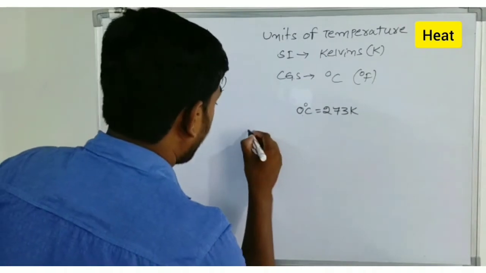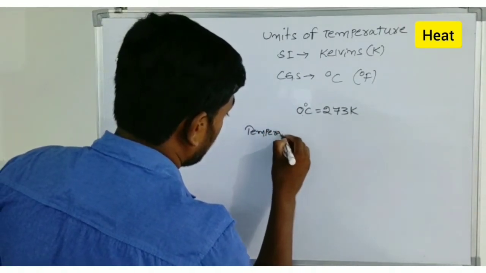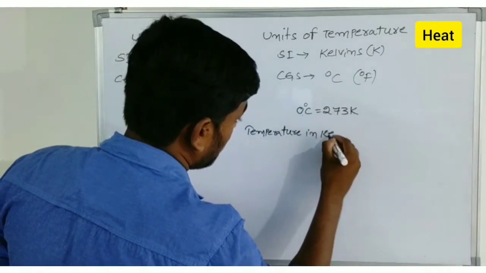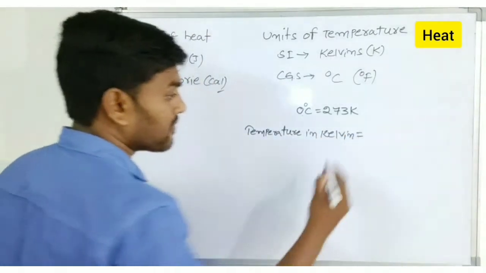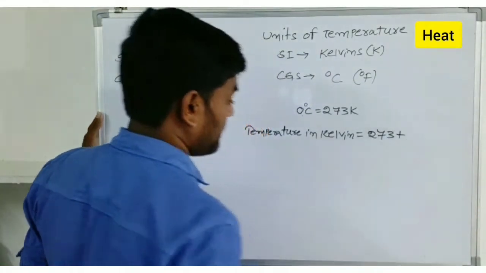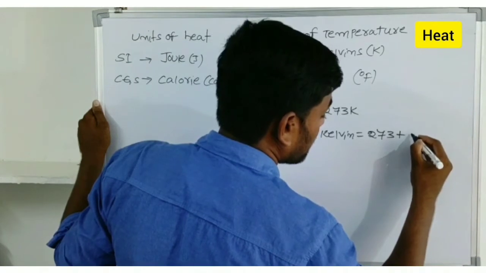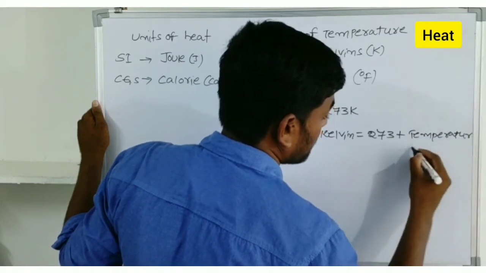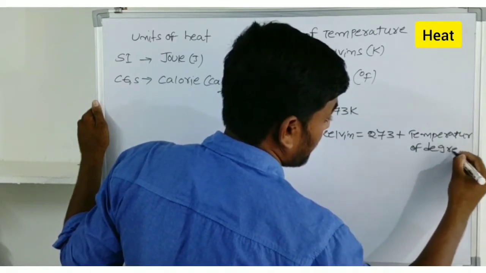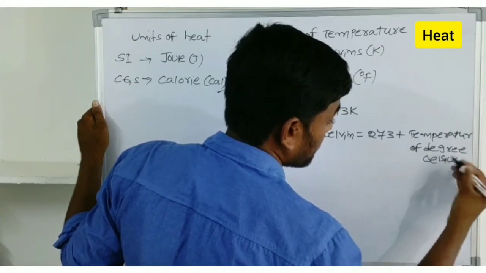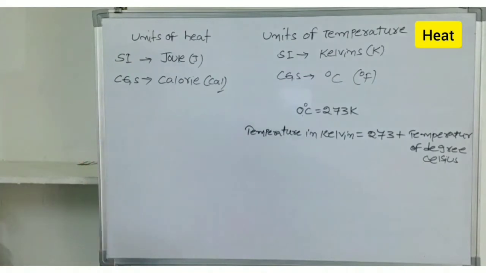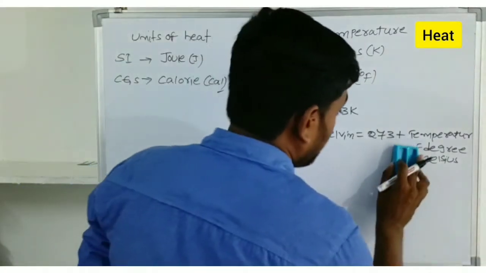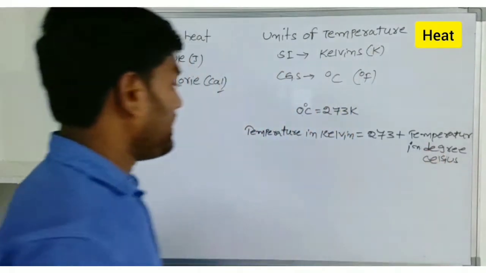So the temperature in Kelvin is equal to 273 plus the temperature in degree Celsius.